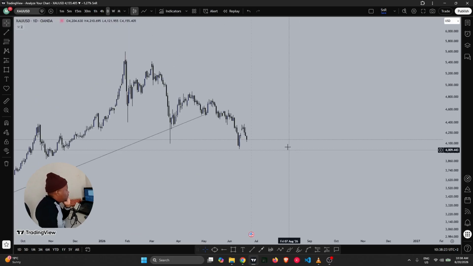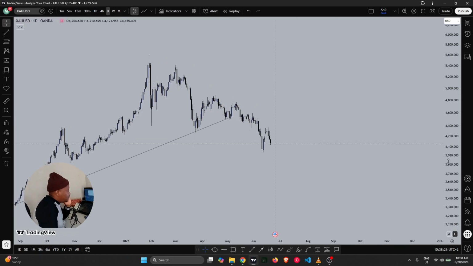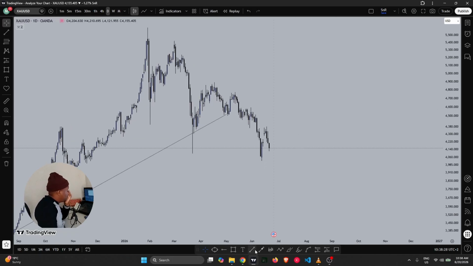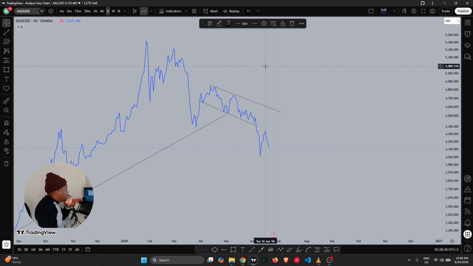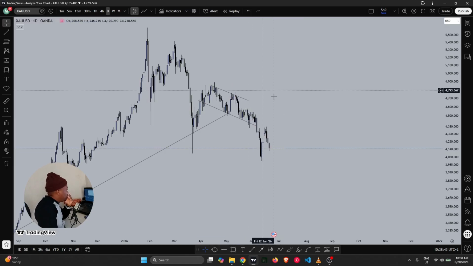Okay, so then just to quickly come to the current price, we had this, and then we had this here on the daily time frame. As you can see, inside of this there was price developing, and the market had created this.